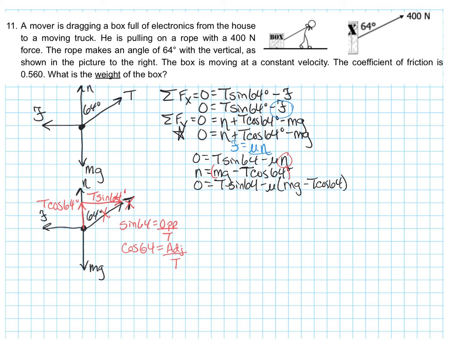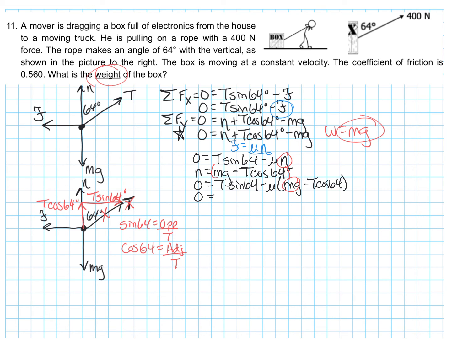Okay, so I'm looking for the weight in this problem, the weight of all this. And I know that weight is equal to mg. So really what I'm looking for is to put mg on one side of the equal sign. In other words, this mg right here. So to do that, the first step is I've got to distribute the mu in the parentheses.